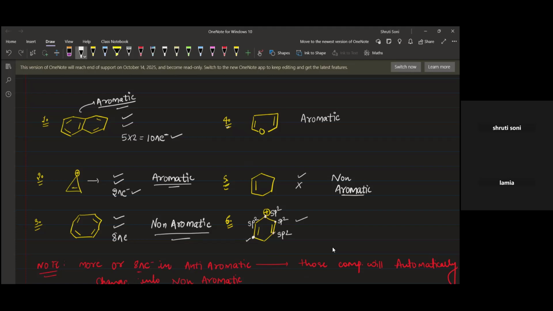All are sp2 except this one. So is this sp2, sp or sp3 hybridized? It is sp3, because of the hydrogen. Sorry, I forgot the hydrogen. So this does not have sp2 hybridization, so it also belongs in non-aromatic.